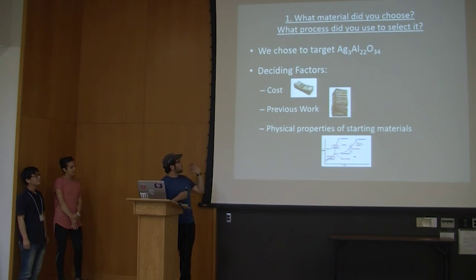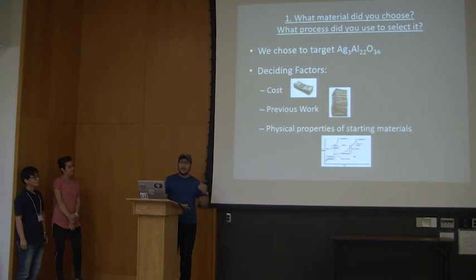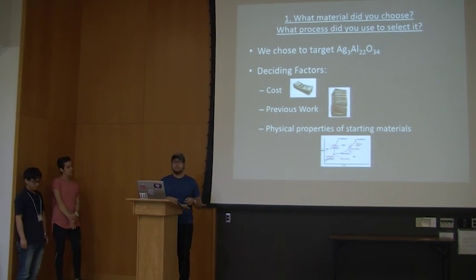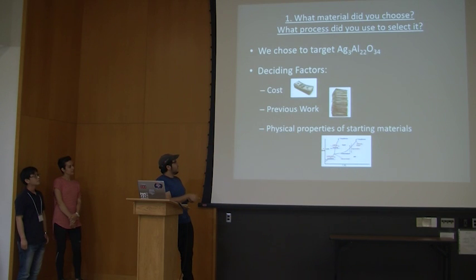Another deciding factor was previous work, and by that we mean some of these compounds are not reported as being synthesized yet. And we really wanted to limit how much work we had to do in terms of finding something that we could study. So we wanted to pick something that had a reported synthetic method, which we were able to find. And the last one was the physical properties of some of our starting materials.